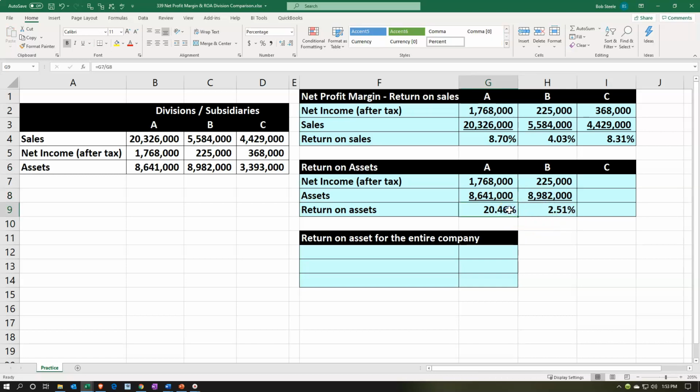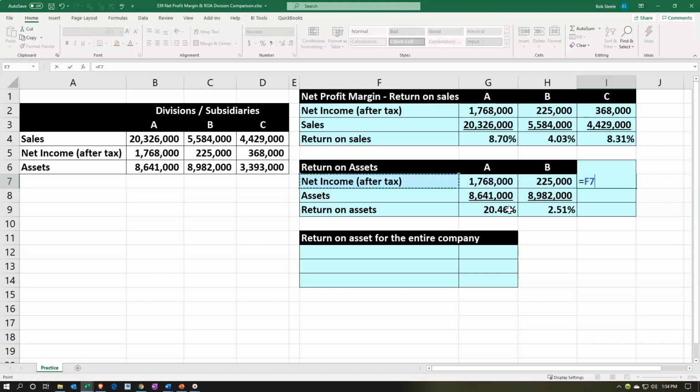So it looks like obviously here A is doing far better in terms of using their assets efficiently than B does. B has a substantial amount of assets, similar to what A has, and yet their net income is much lower than A. So A's looking better there. And then we're going to say C is going to be 368, dividing that by the total assets. This equals the 368 divided by the total assets.